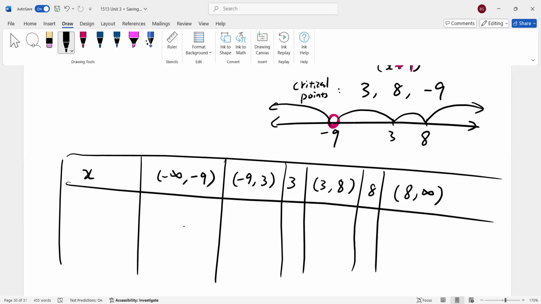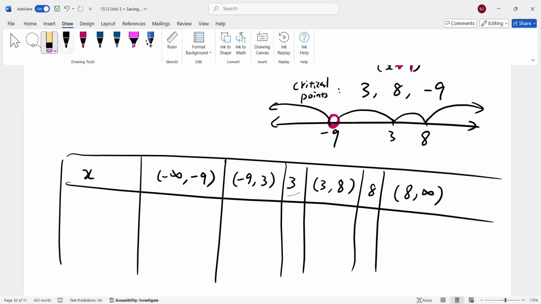So we have negative infinity to -9, -9 excluded. From -9 to 3, -9 excluded, 3 is excluded, but we have 3 here, and 3 to 8, and 8 here, 8 to infinity. So everything except -9. That's how we divide the domain of the function.